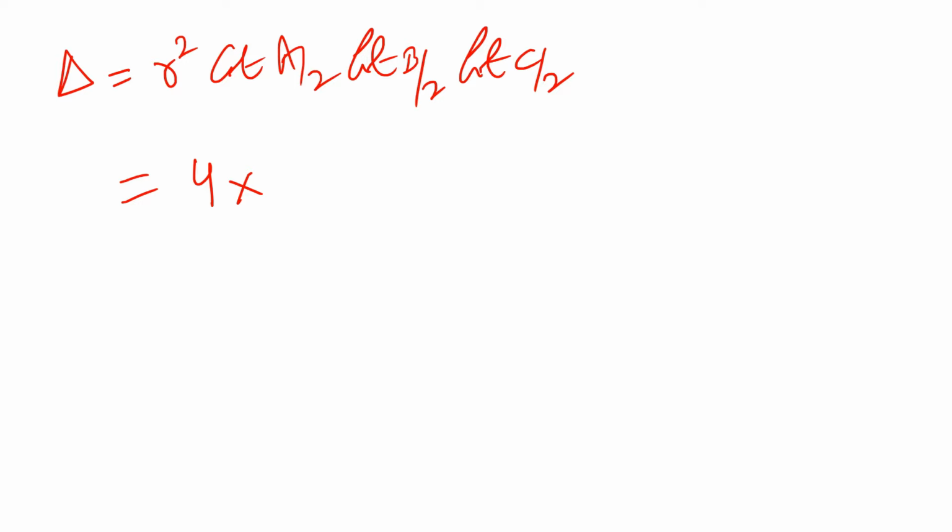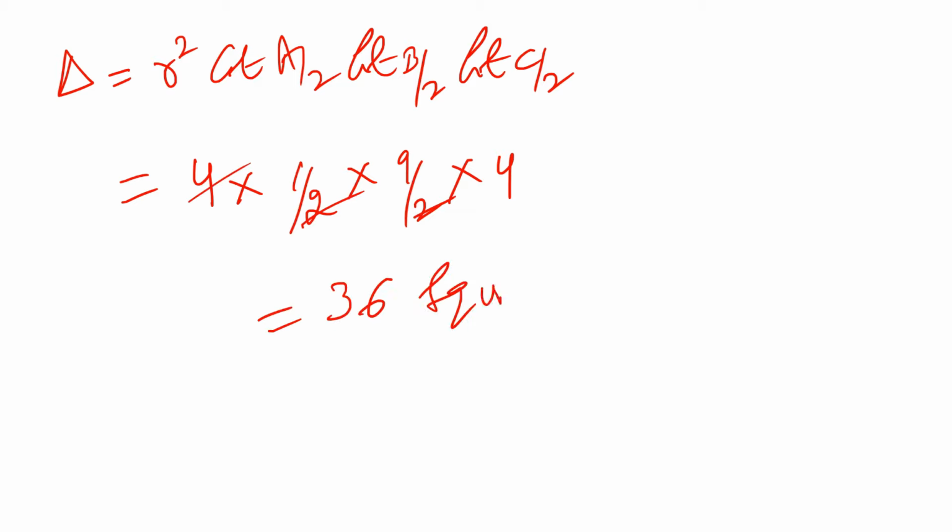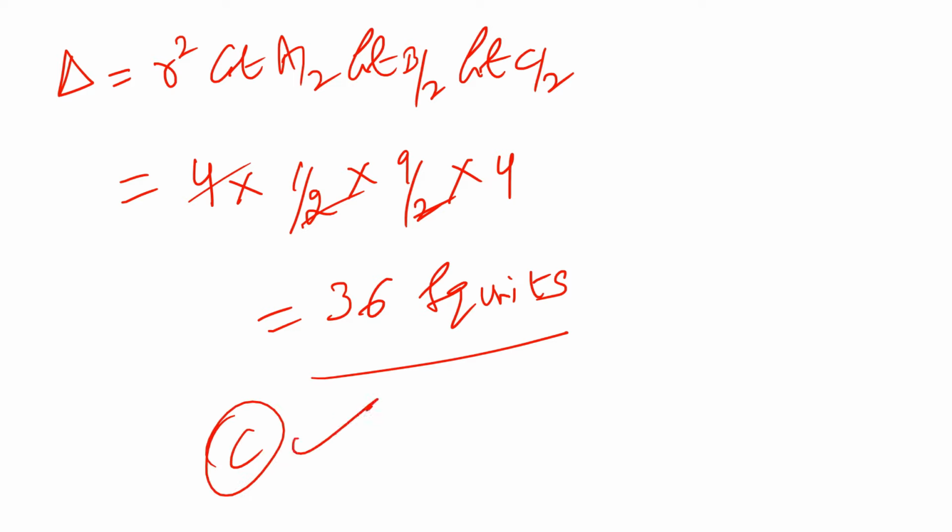So what do we get from here? We get half into 9 by 2 into 4. So finally the answer comes out to be 36 square units, right? So this was what the question was all about, and it was a fantastic problem. So we get option C as the correct one.